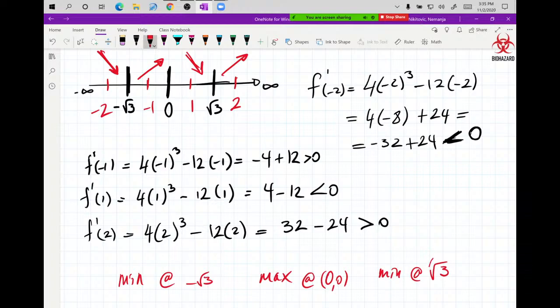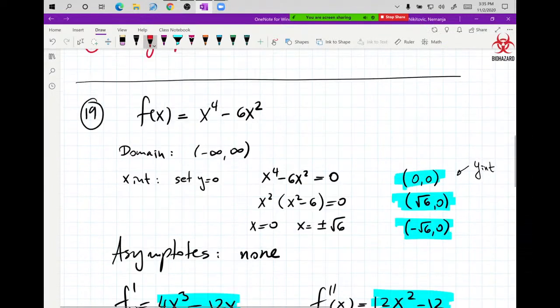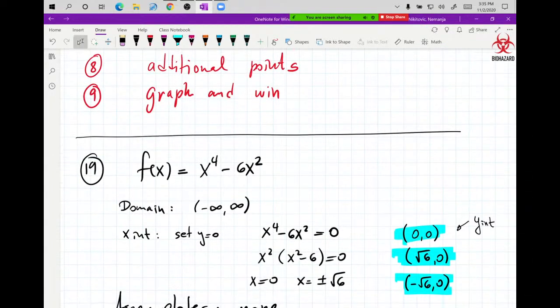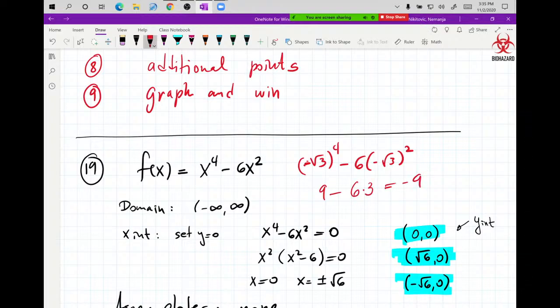So I can write these as x, y. We go with the -√3 over here, and we raise that to the 4th power, minus 6, and then -√3, and we square that one. So this is 9 minus 6 times 3, and that turns out to be -9, right? Because you have 9 minus 18.